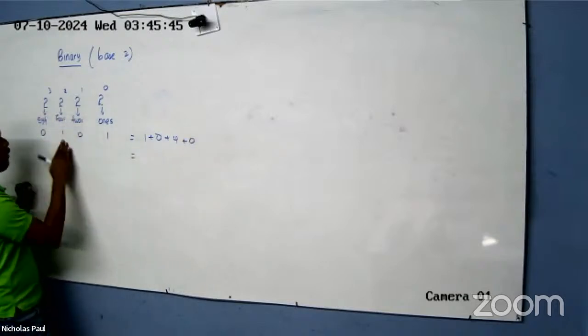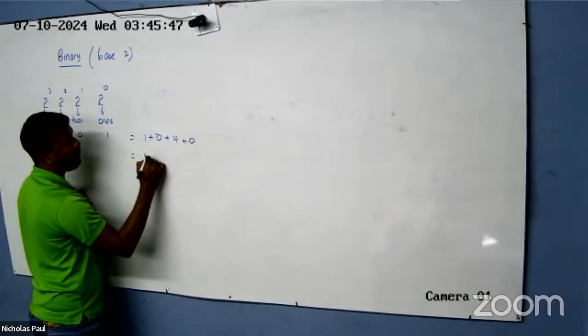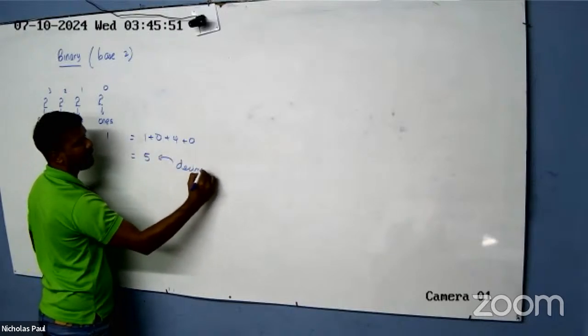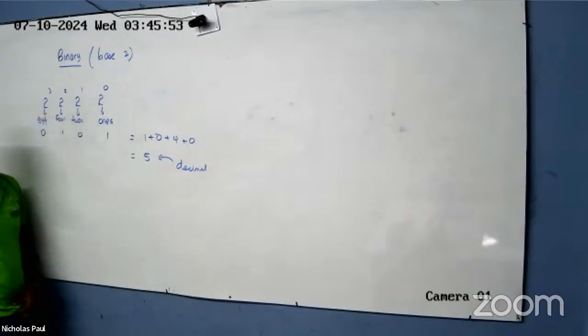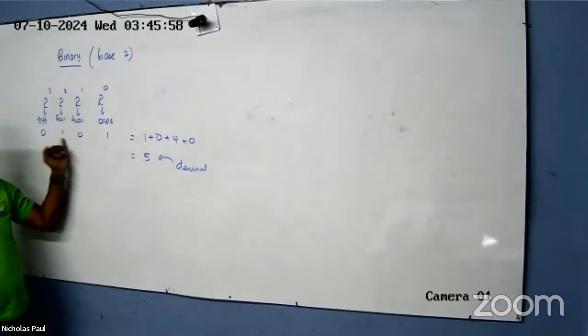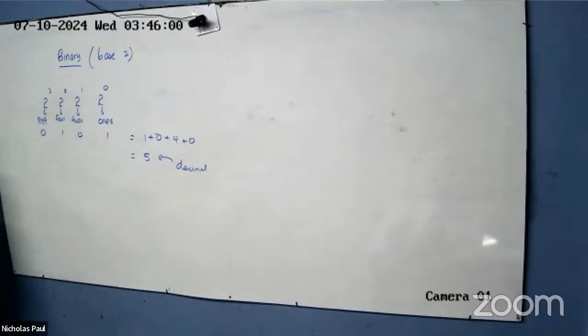So 0, 1, 0, 1 as a binary number is decimal 5.